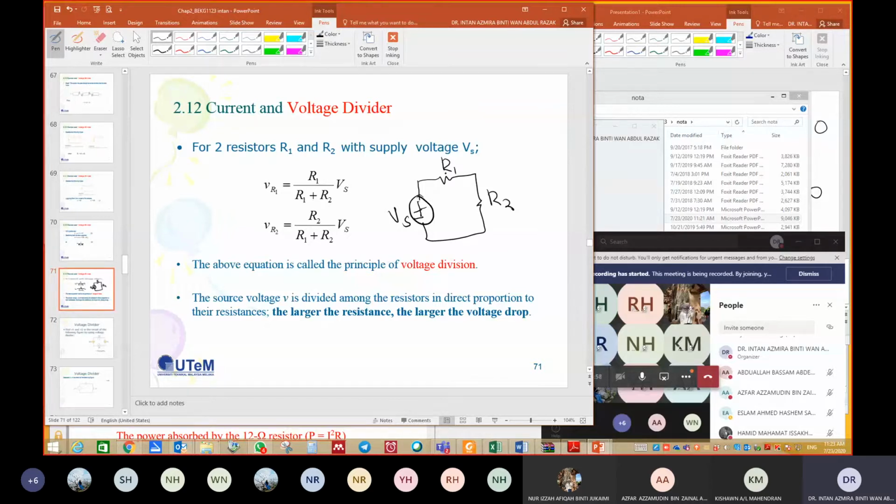We have 2 resistors only here, so R1 plus R2, multiplied by the voltage source supplying this series circuit. And then VR2 is R2 divided by all the resistors connected in series. Now we have only R1 and R2, multiplied by the voltage supply Vs.